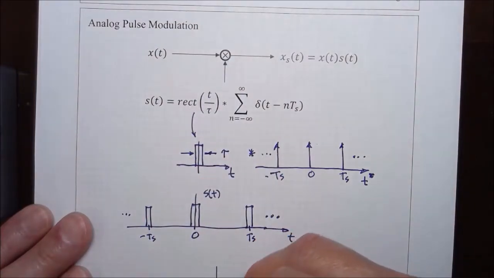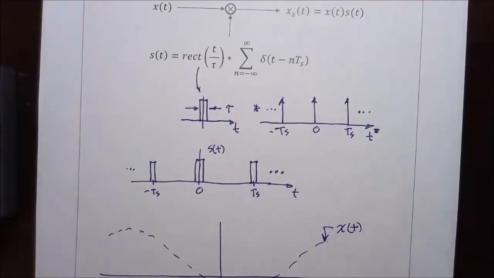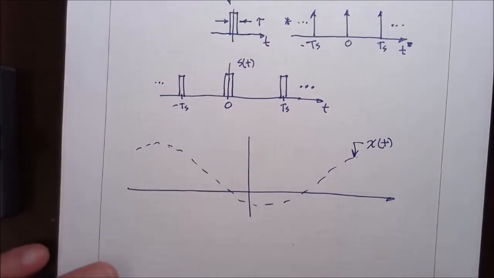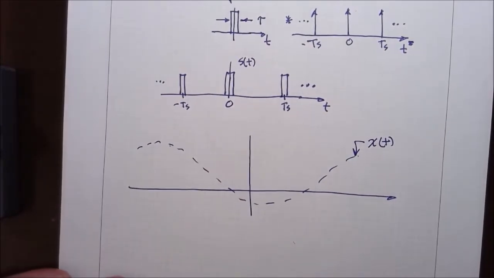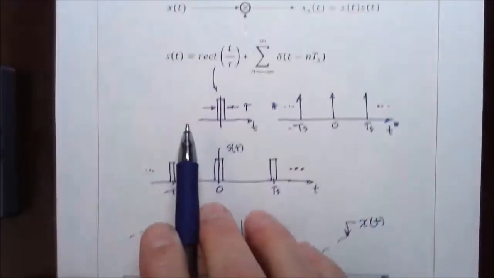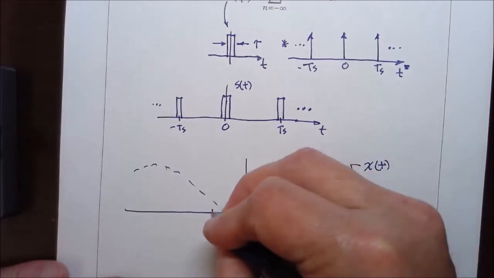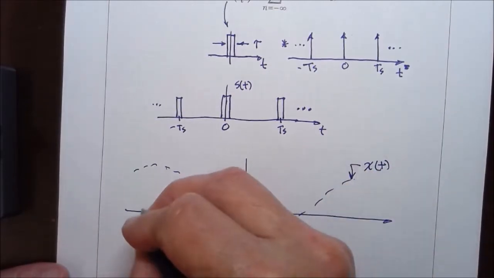So if I were to sketch what the sampled signal would look like, this is the continuous message signal x of t, let's say. It might look something like that. Then that will be multiplying a train of rectangle functions that occur every sampling period.